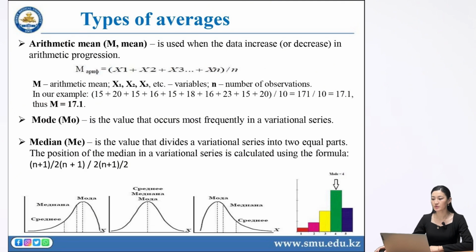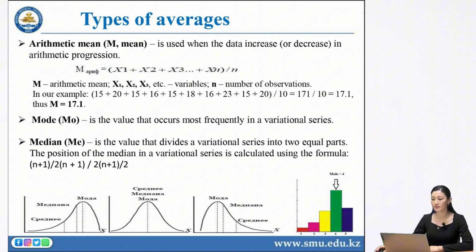There are several types of averages. The most common is the arithmetic mean. It's used when the data increase or decrease in equal steps, or arithmetic progression. The formula is shown on this slide.